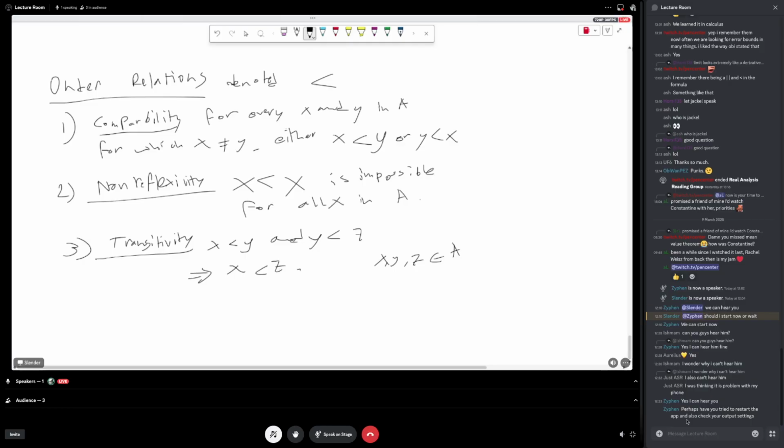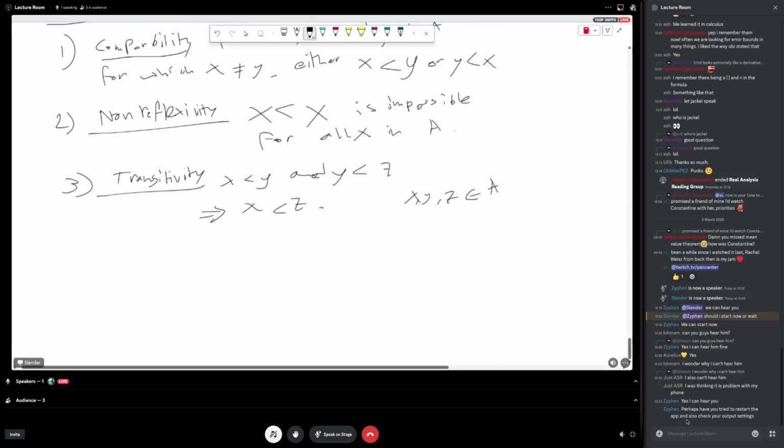I think the examples are very trivial. For example, if we consider 3 less than 4 on the real numbers, that's an order relation on R.